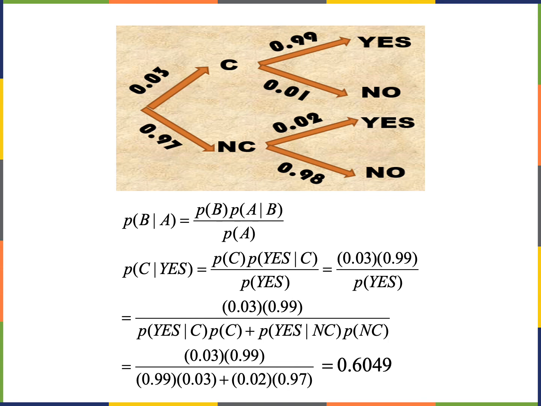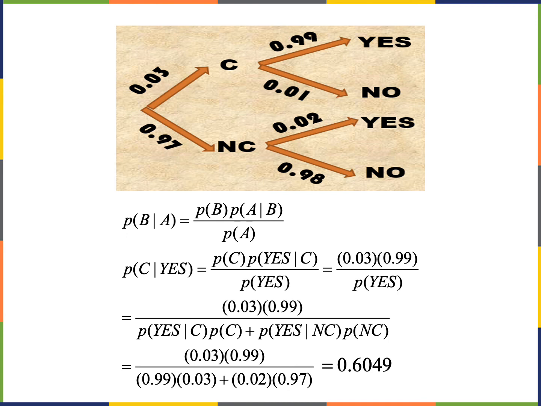The probability of yes is the probability of getting a yes when you have cancer, plus the probability of saying yes when you don't have cancer. These are the two paths. You have this path and you have this path, right? This one is considered the conditional, but remember the product of these two is going to be the and.